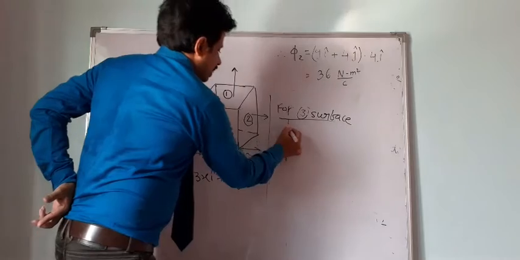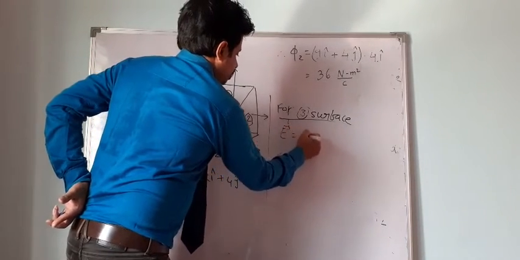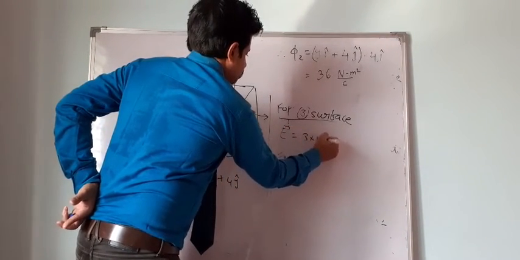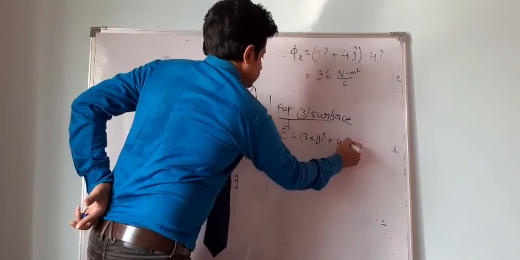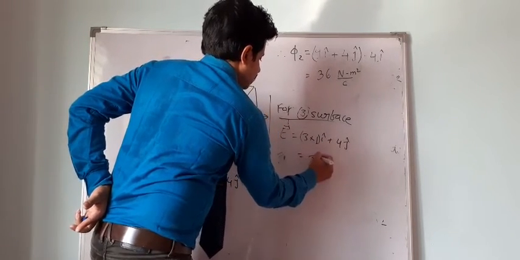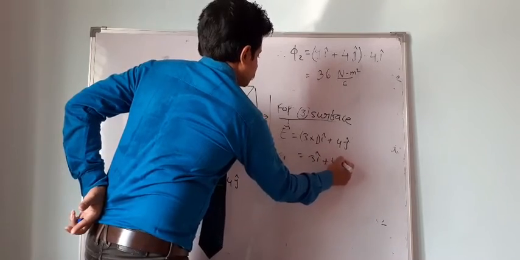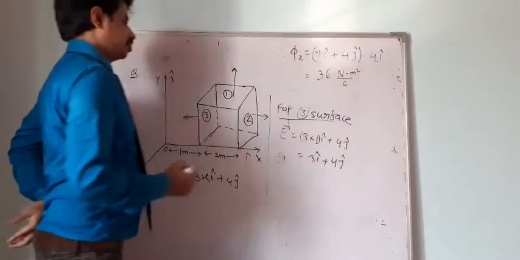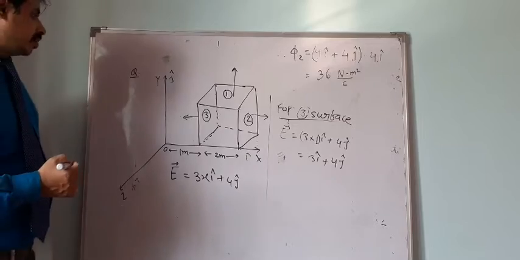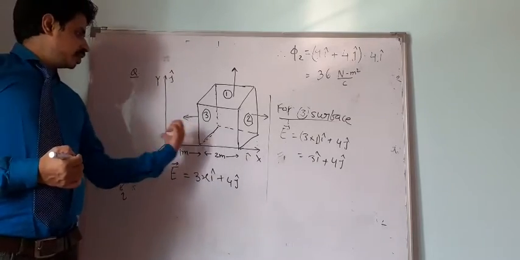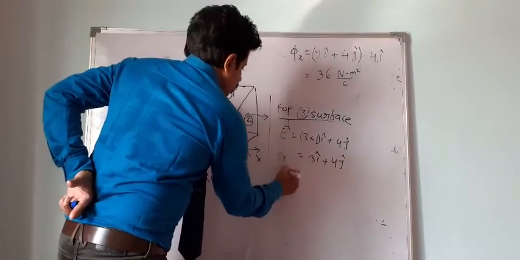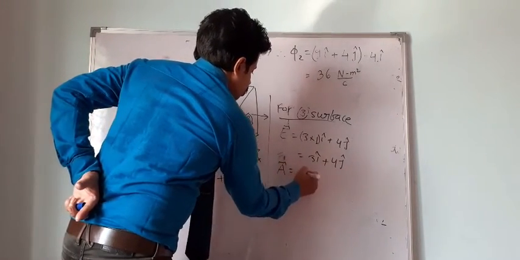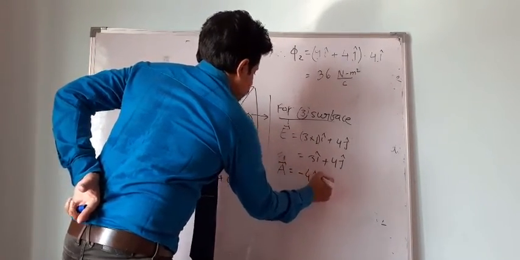So we can write E is equal to 3 into 1 I cap plus 4j cap, that is 3 I cap plus 4j cap, and the area vector is pointing toward minus I. So the area vector is equal to minus 4 I cap.